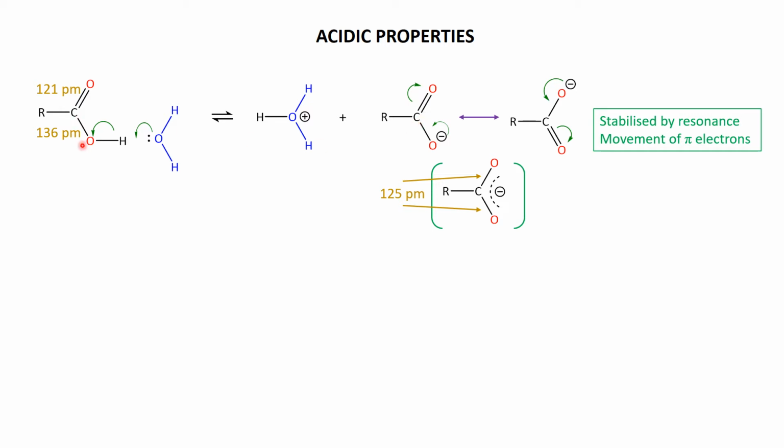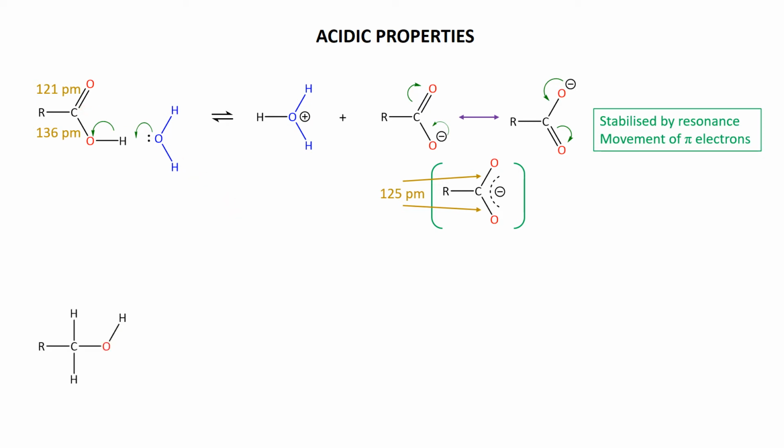That means that carboxylic acids are good acids because when they lose that proton, the conjugate base is a nice, happy, stable species. Now we can compare that to phenol, in which the conjugate base, the phenolate anion, was also stabilized by resonance. But that resonance in phenol is not as good as the resonance in carboxylic acids. Carboxylic acids are better acids than phenols are.